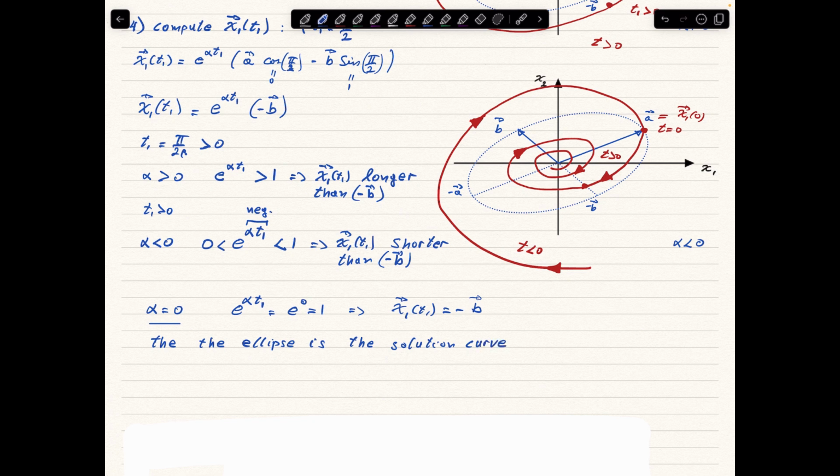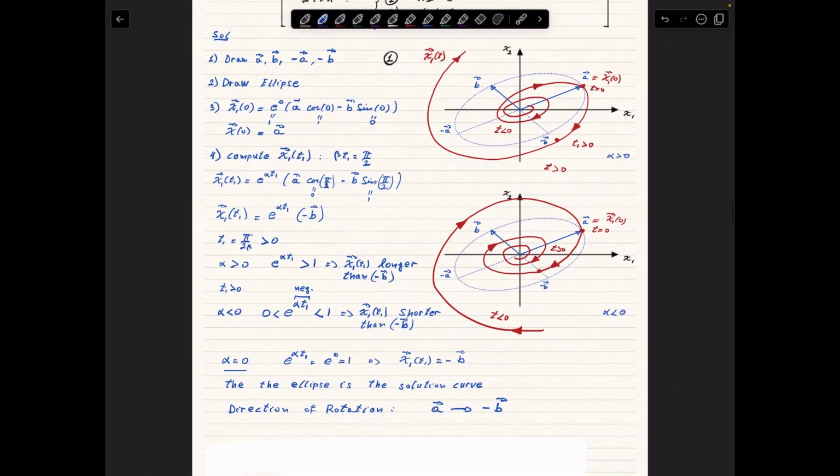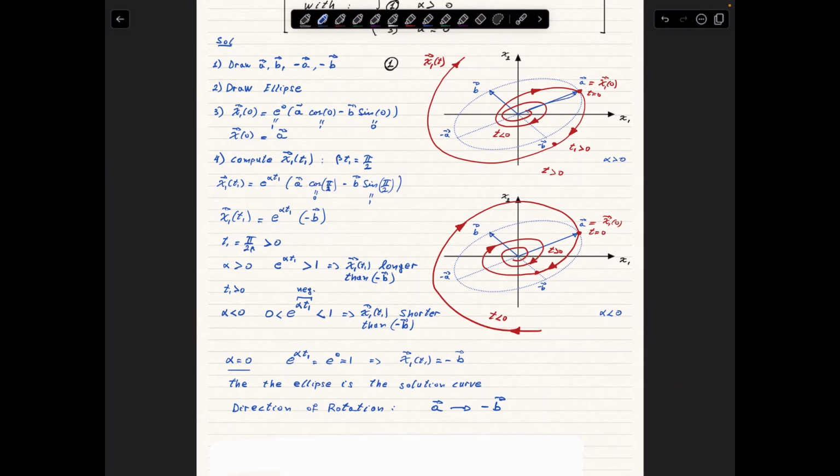And notice that the direction of rotation in all three cases is always from a, that is the solution at 0, in the positive direction to negative b, which for these choices of a and b means clockwise.